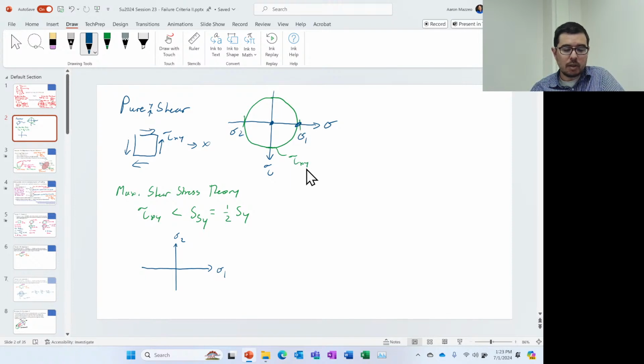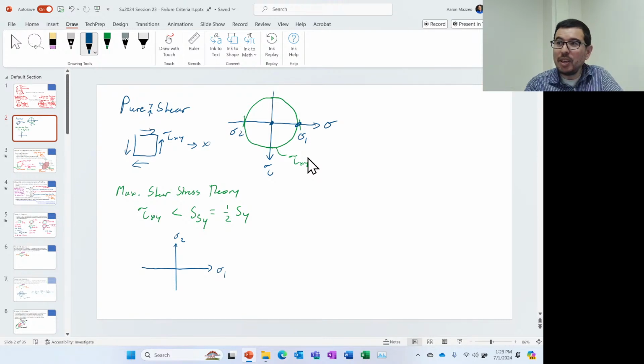So now we have sigma 1, sigma 2, and what is the relationship between sigma 1 and tau xy? It's not a trick question. They should be the same. They're equal to each other, right?